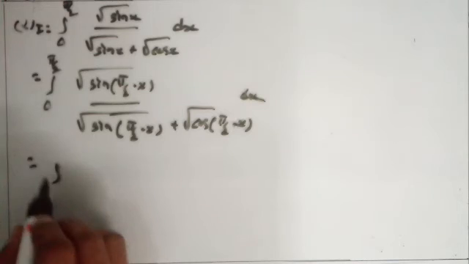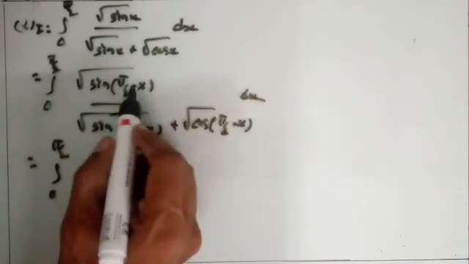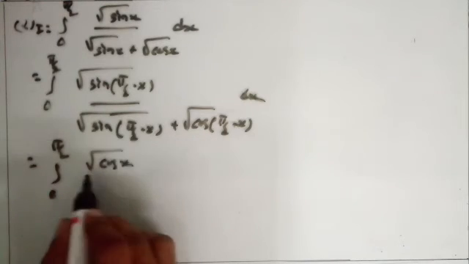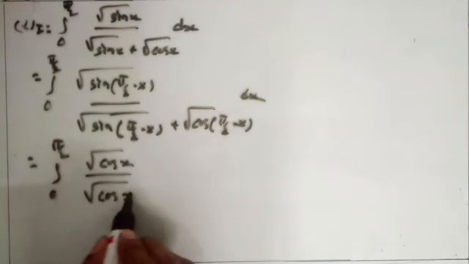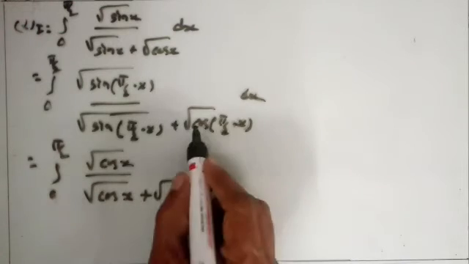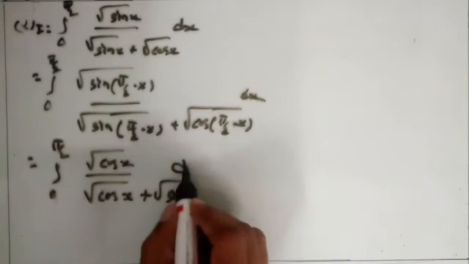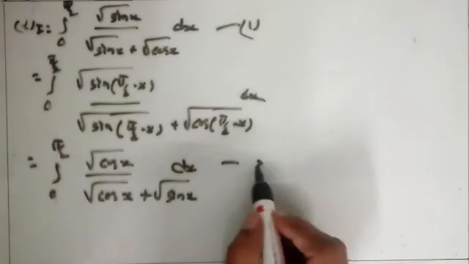So it is equal to 0 to pi by 2, where sin(pi by 2 minus x) becomes cos x upon root of cos x plus root of sin x dx. Say this result is 1 and 2.